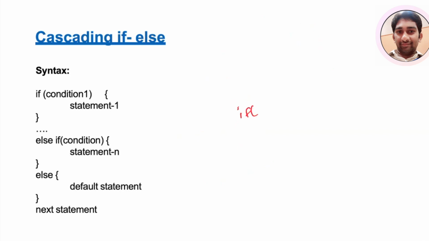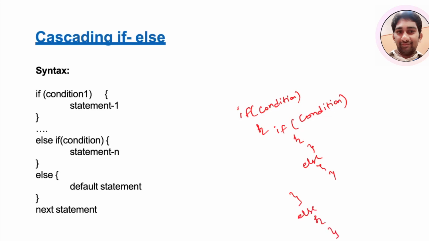We write an if condition, inside, again an if condition. Again you may have a true block, and else you may have a false block. Will come outside, again you may have an else block and followed by something.